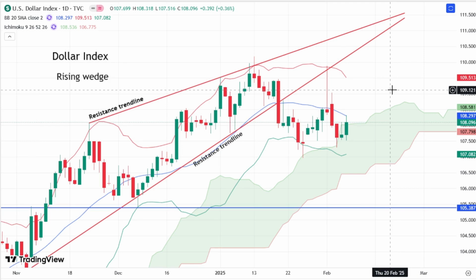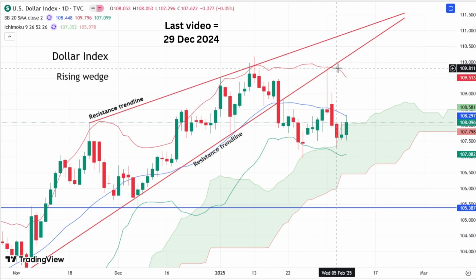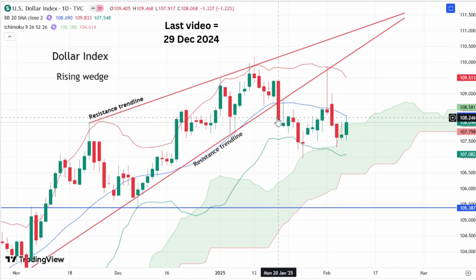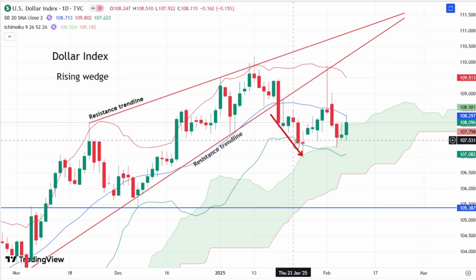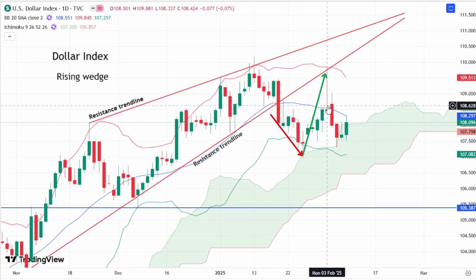I highlighted that the DXY may be forming a rising wedge in the video on the 29th of December. This bearish pattern was completed on the 20th of January while I was on a break, so I did not have the time to update this. Since the completion, DXY had the corrective phase over here and was rejected by the resistance trend line on the 3rd of February and fell.